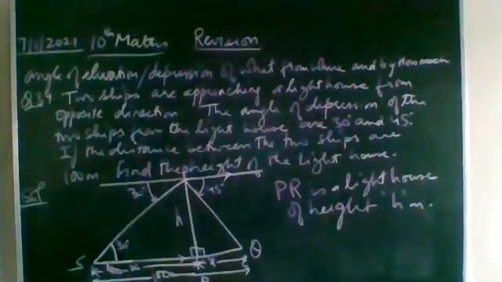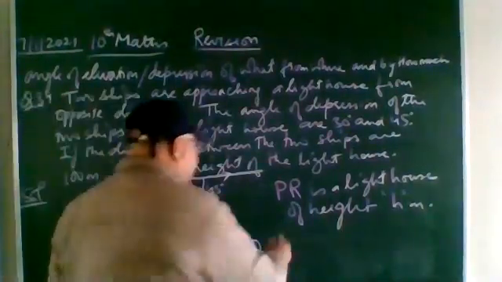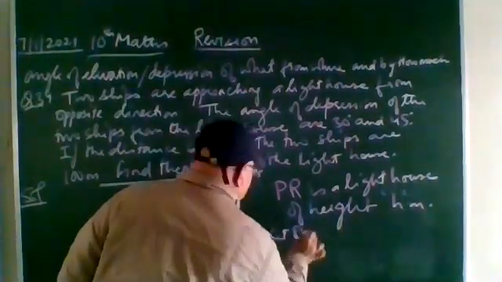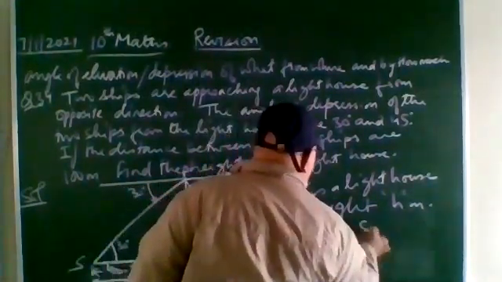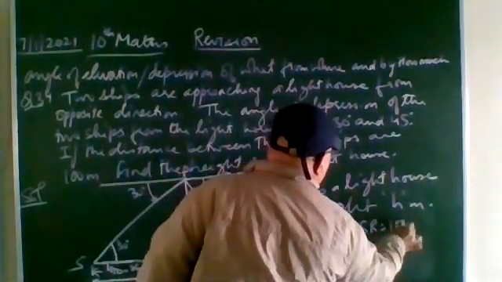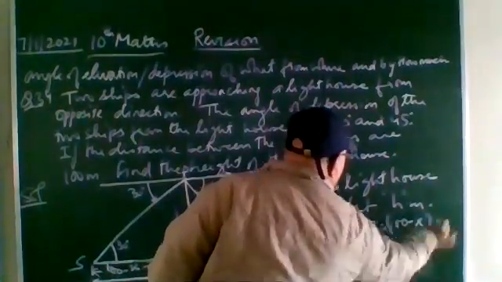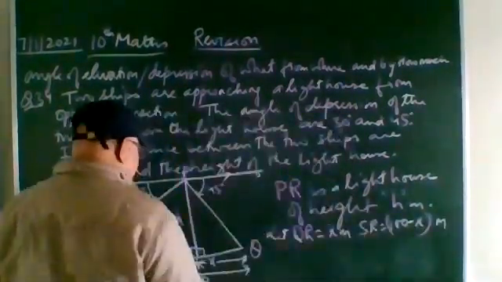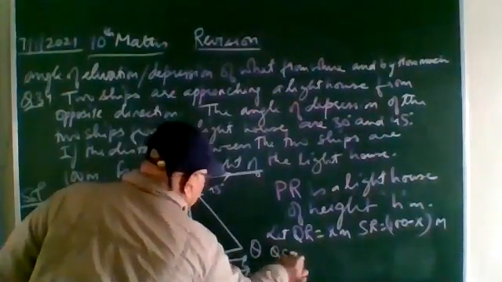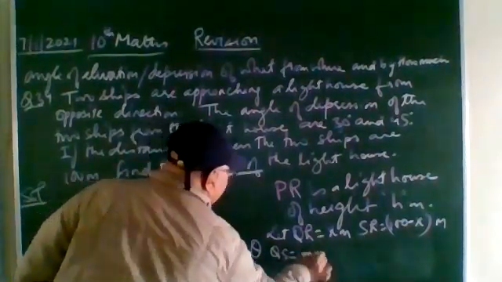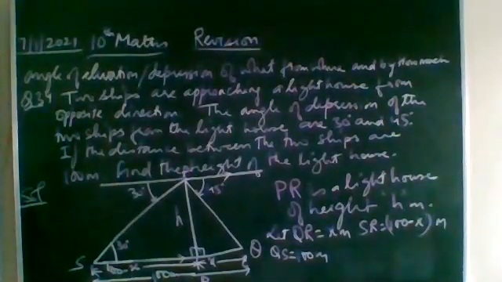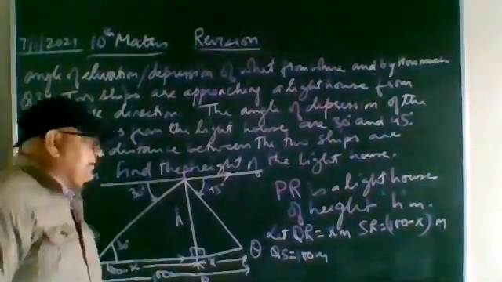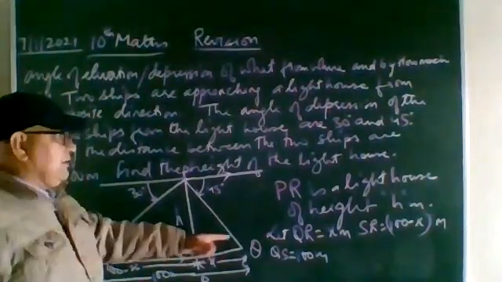First of all, you write like this: let QR equal to X meter, SR 100 minus X, SQ that is 100 meter. So QS is the distance between two ships.